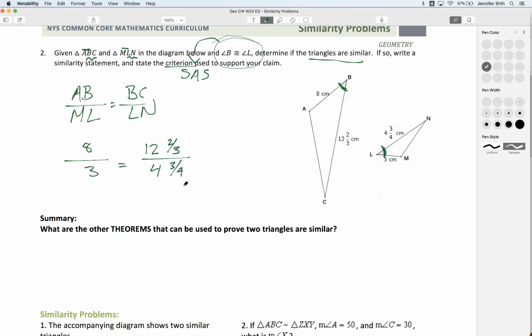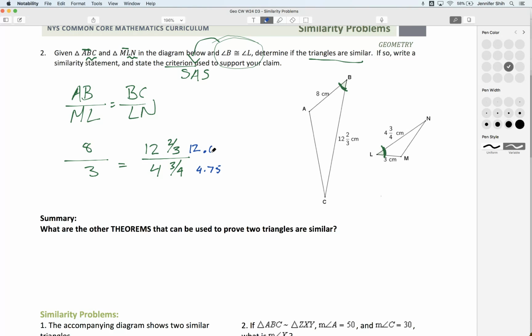Now, this left side seems pretty straightforward to plug into a calculator. This right side, I'll give you a little tip. But just in general, right here, 4 and 3/4, 3/4 is 0.75. That one I know. 2/3 is, 1/3 is 0.3 forever, and then 2 of those is 0.6 forever.